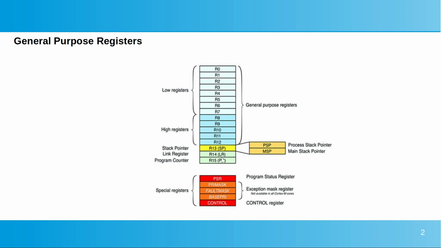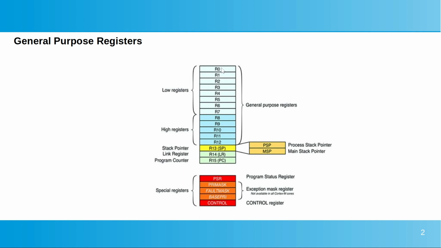R15 will be mapped to the program counter, and this one will always be updated with the address of the instruction to be executed. R14 will be mapped to the link register, and this one will be pointing to the address of our return from subroutines or functions. R13 is our stack pointer, and this is banked between process stack pointer and main stack pointer.